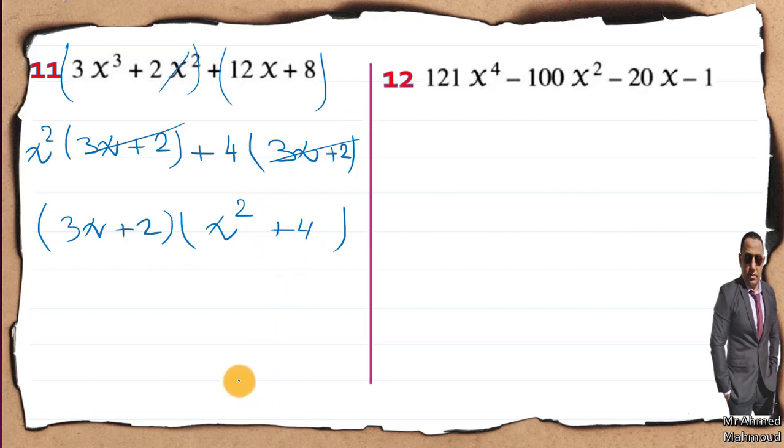Okay. By looking carefully to this one, here if I took a common factor between this one and this one, okay, it will be 121 x power of 2 minus 100, and here there isn't a common factor, so it will be 20x minus 1.